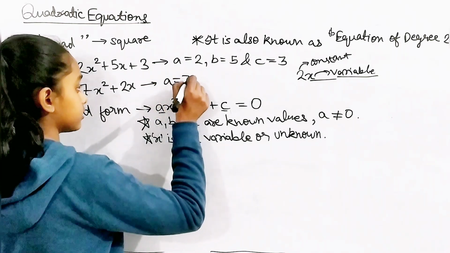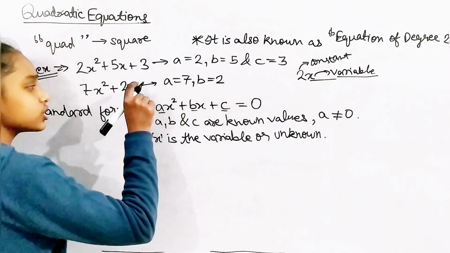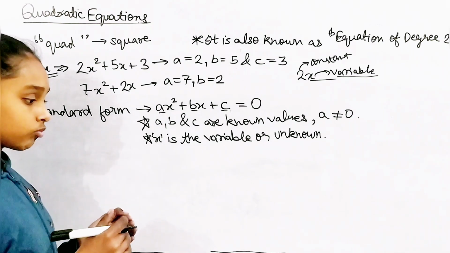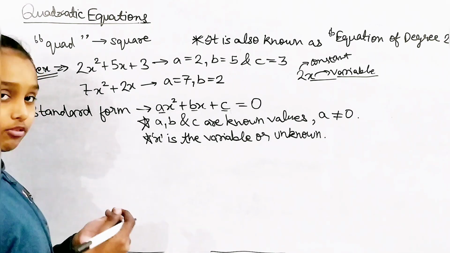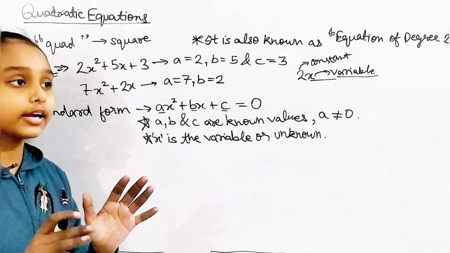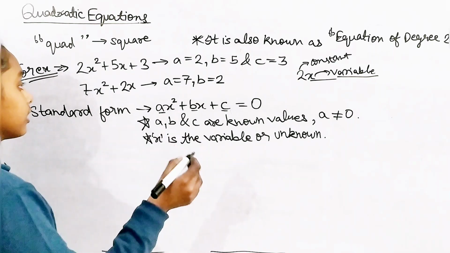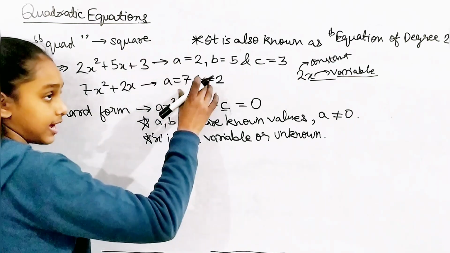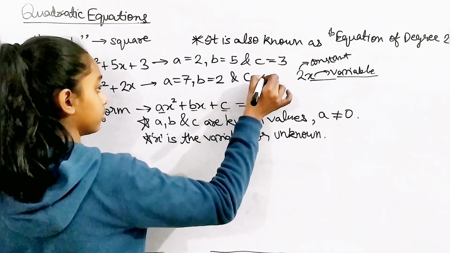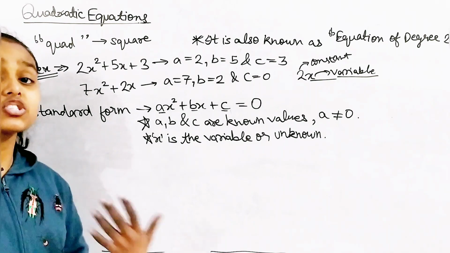A is equal to 7, B is equal to 2, but what's the value of C? It's 0. We don't always write it. This is just a constant, and the constant's value is 0. That's why it wasn't represented here.